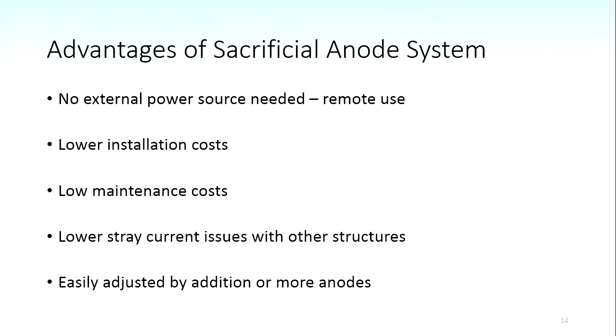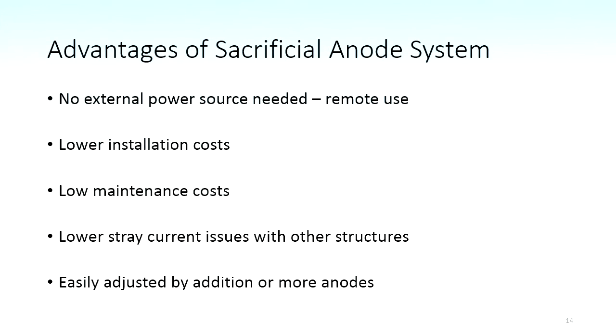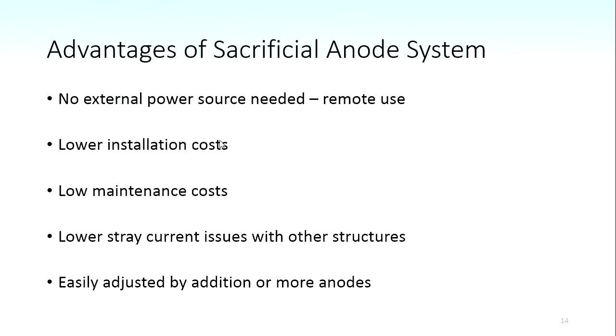The disadvantages is the limited driving power. So typically up to about a volt and up to about 5 amps current. So this is small potatoes in comparison to the powered cathodic protection systems.